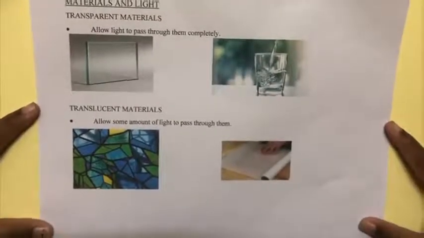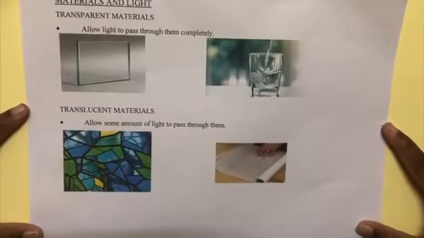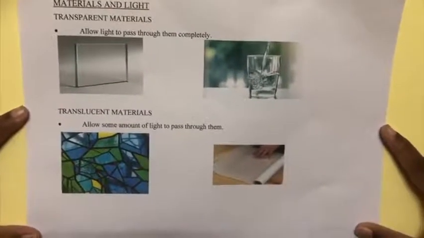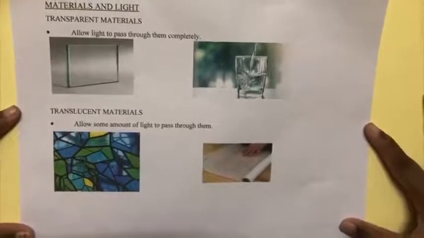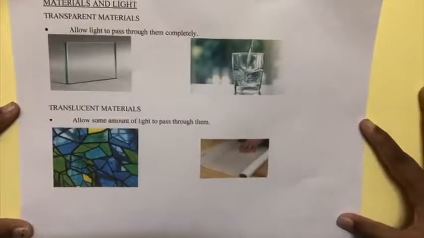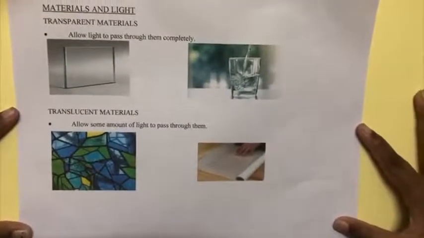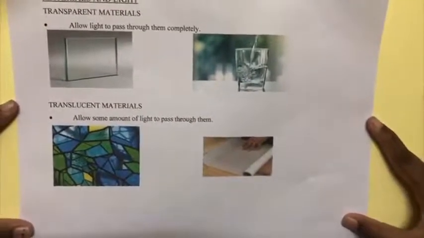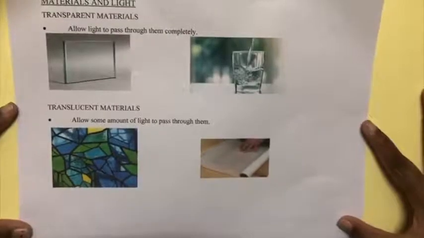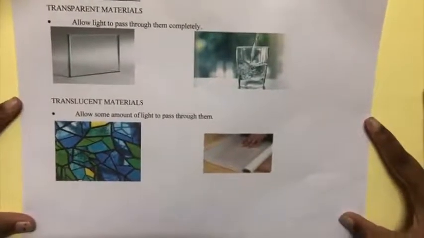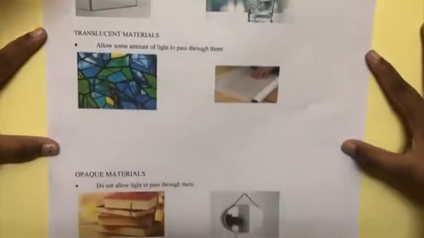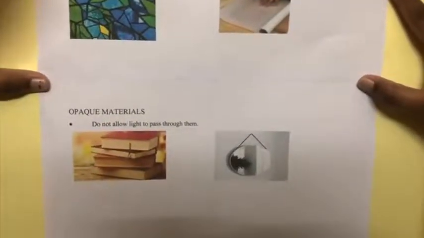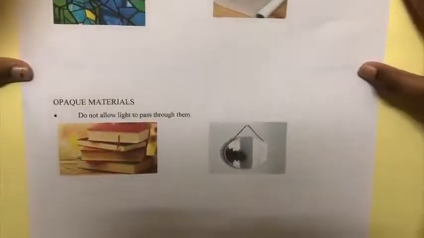Translucent materials allow only some amount of light to pass through them. For example, colored glass, butter paper, dirty water, etc. We will not be able to see clearly through translucent materials. Opaque materials do not allow light to pass through them.